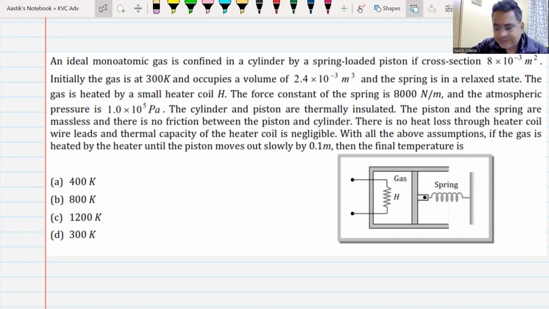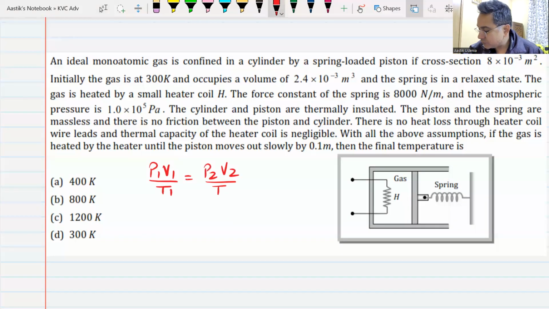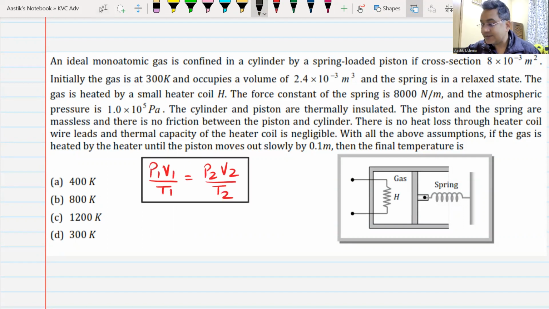How are we supposed to do this? The only thing that we need to apply here is P1 V1 by T1 is equal to P2 V2 by T2. Do we understand this? Because the number of moles of the gas will remain constant, the gas is confined. Yes or no?